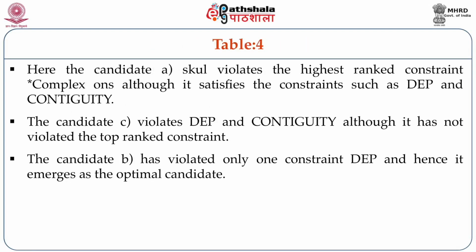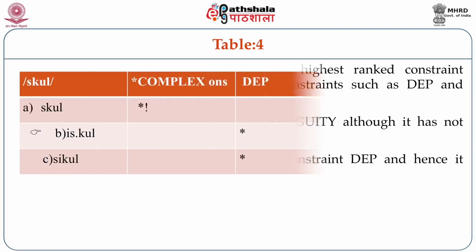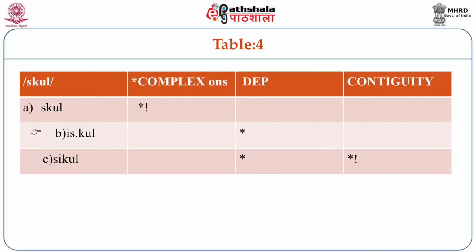If we see the candidates here, the input is school. The first candidate violates star complex onset. Complex onsets should not be complex. Here you can see the SK is a complex cluster, isn't it? So it violates the first crucial constraint. Second is B, iskul. It violates the depth constraint. That means it has inserted one additional segment that is not in the input, that is called E. That's why it violates one.